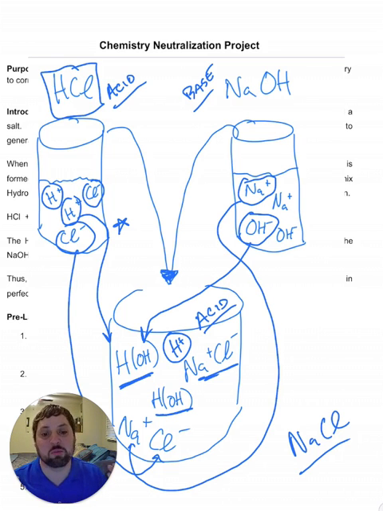On the opposite end of the spectrum, if we do the same thing with the hydroxide, it would remain basic. So our goal is to make sure when we're mixing our vinegar and our baking soda that we're getting the same amount of protons being donated by the acid as we are protons being accepted by the base.